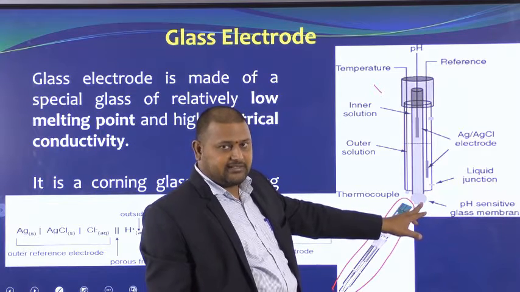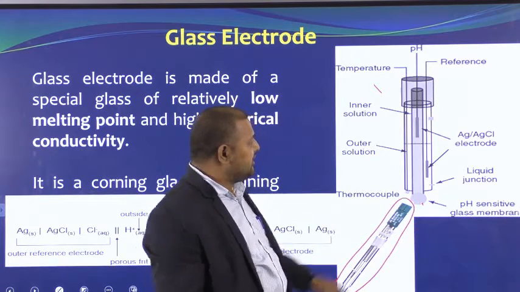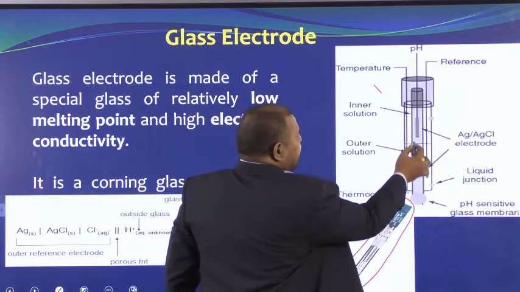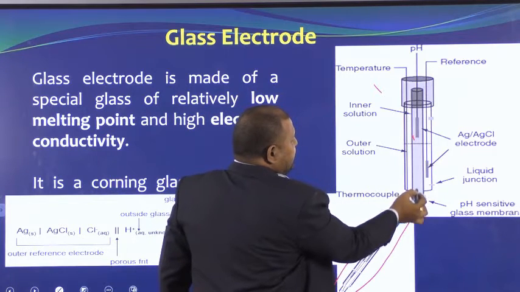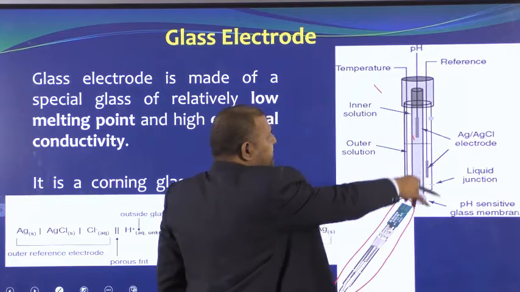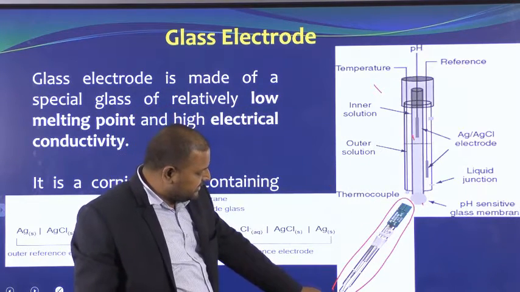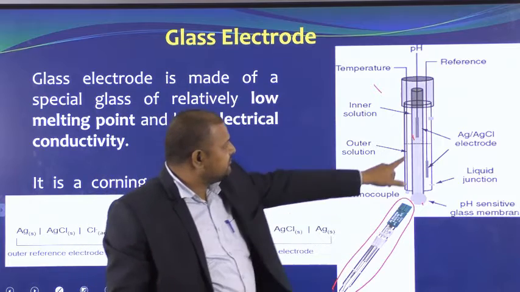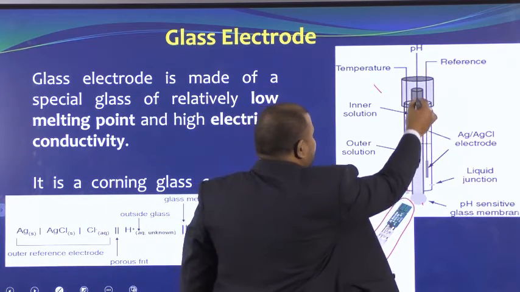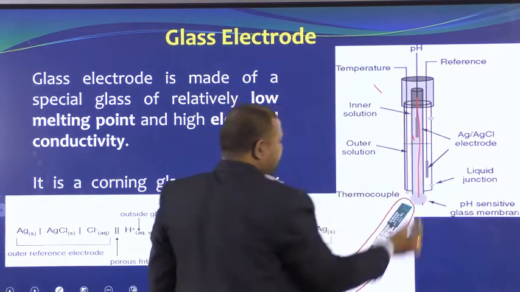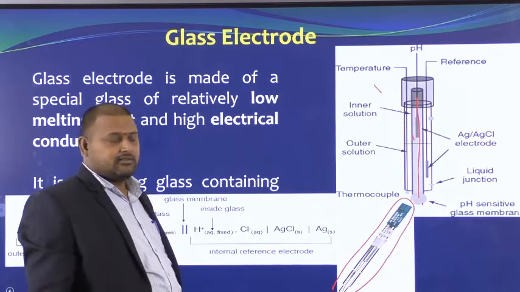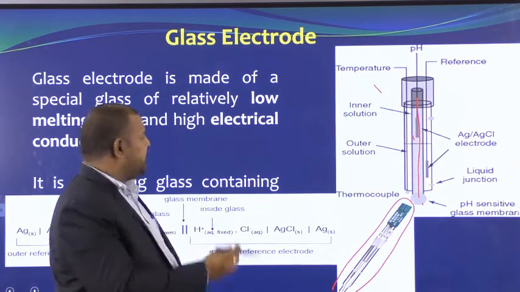The glass here is pH sensitive. Inside that we have the AgCl electrode. We have a liquid junction here. We will be dipping it into the solution. You can look here clearly. The electrode here, platinum wire or silver wire, whatever may be the case, will be touching up to here. Right? It will be detecting the pH.